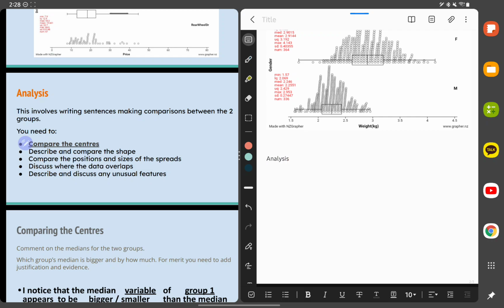Let's go heading analysis. Now, in analysis, we're going to have 3 to 4 parts. Those parts are going to be the center, and we're going to talk about what they are. It's going to talk about the shape, the spread, and unusual features.